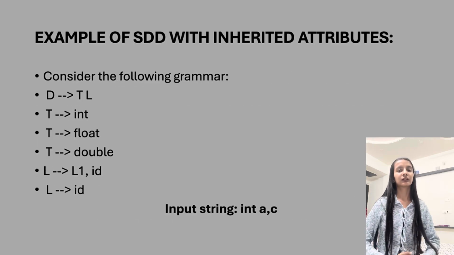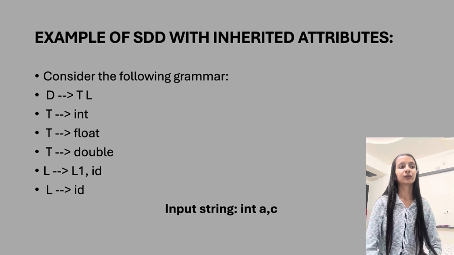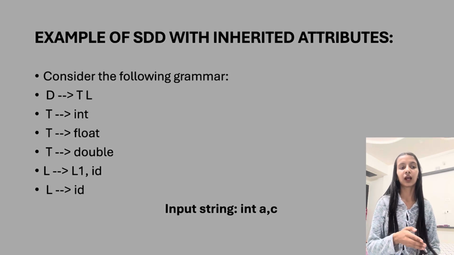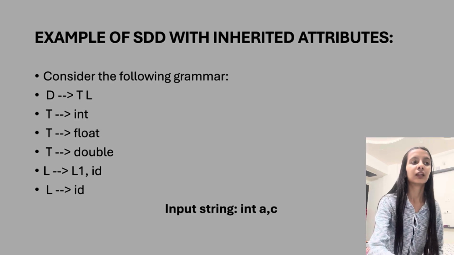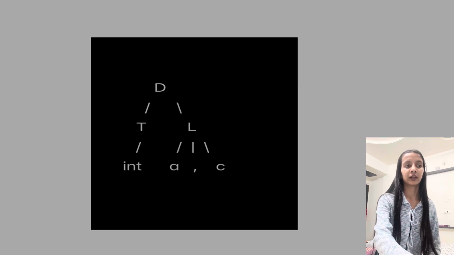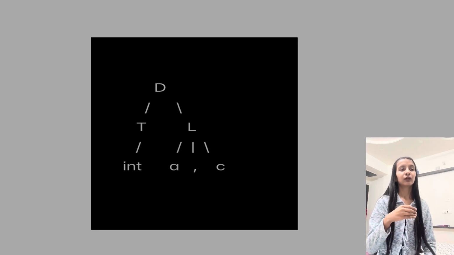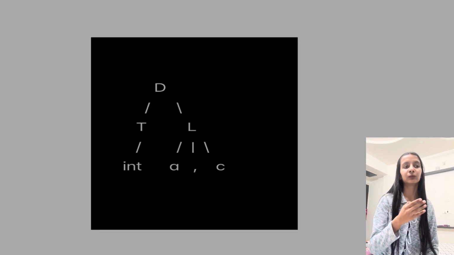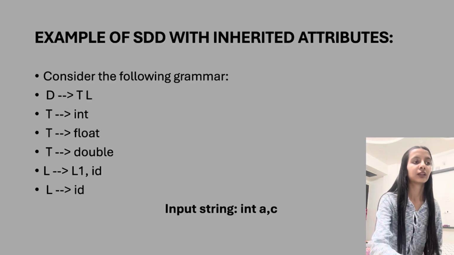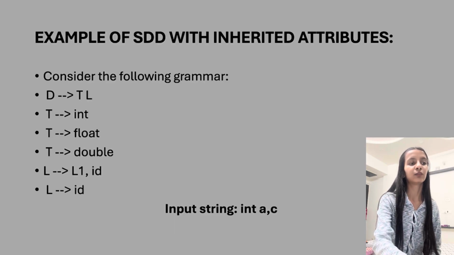Now let us understand an example. This is the grammar which is given, and the input string is int a comma c. Then we will draw an annotated parse tree. First, D gives T and L. We will write from top to bottom. D gives T and L. Then T gives int, float and double.